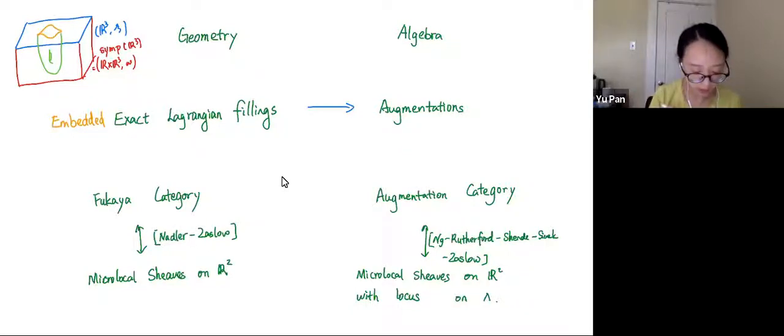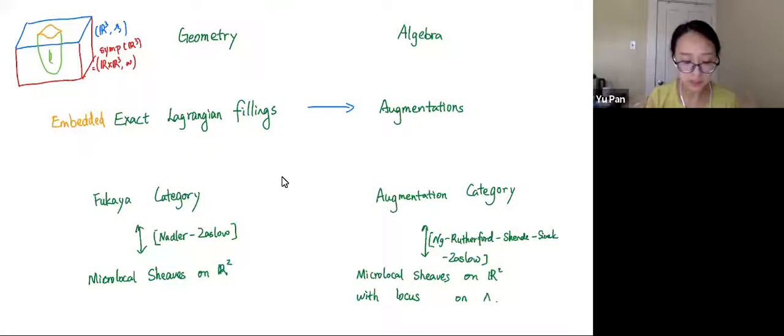Furthermore, Nadler and Zaslow show that Fukaya category objects are one-to-one corresponded to microlocal sheaves on R2. And similarly, Rutherford, Shende, Sivek, and Zaslow show that augmentation category objects are one-to-one corresponded to microlocal sheaves on R2 with the locus on Lambda.